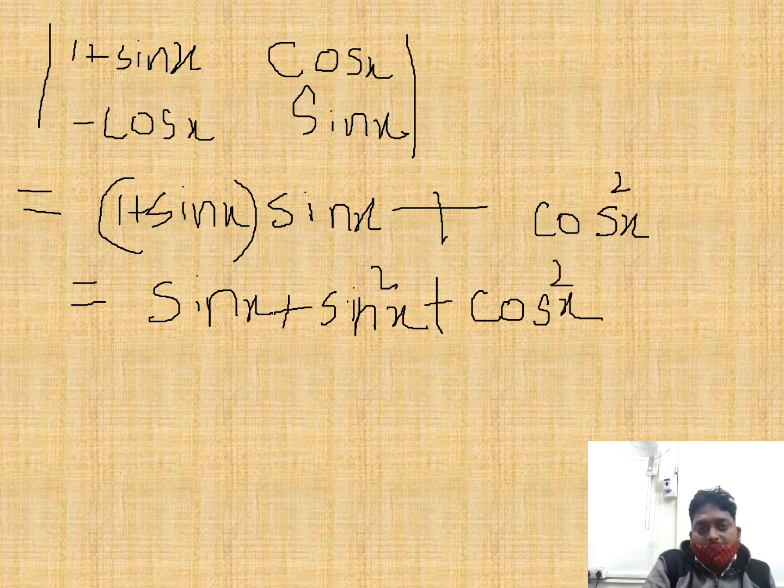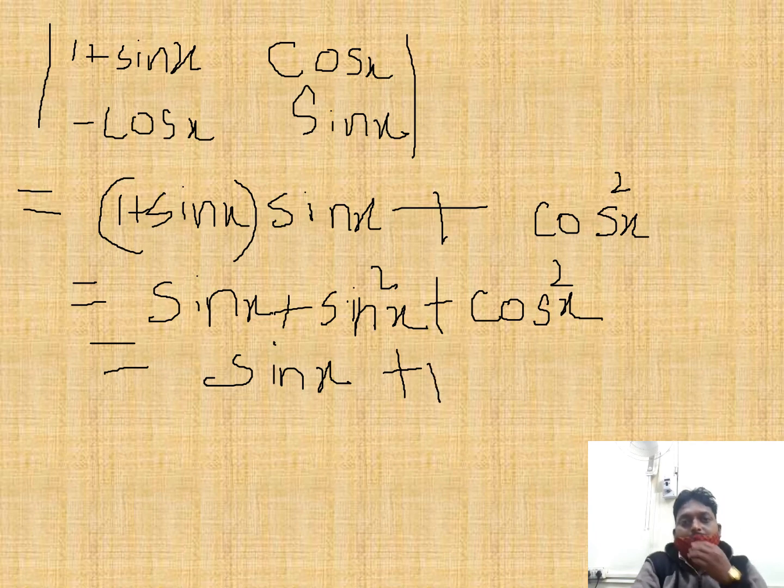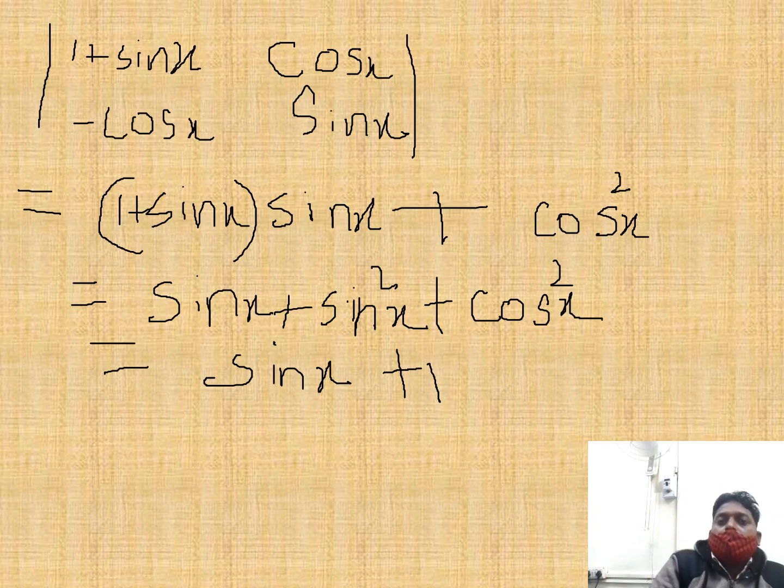Then we got sin x plus sin square x plus cos square x, that is 1. So it becomes sin x plus 1, and we have to find the maximum value of this expression.